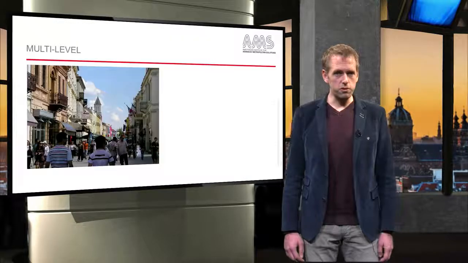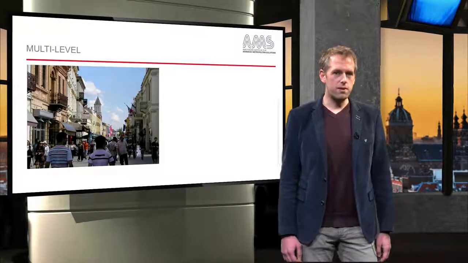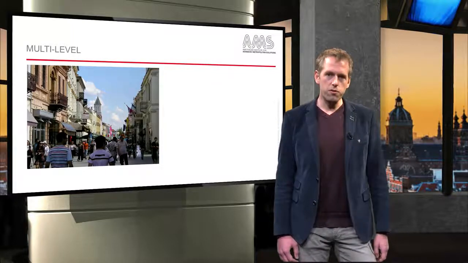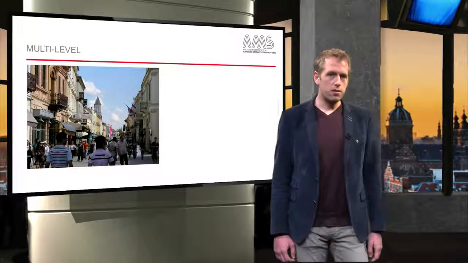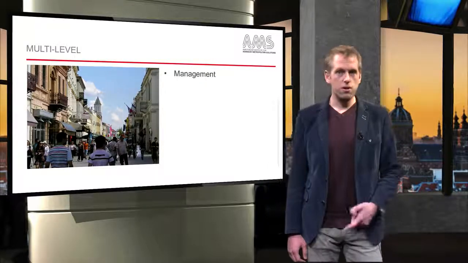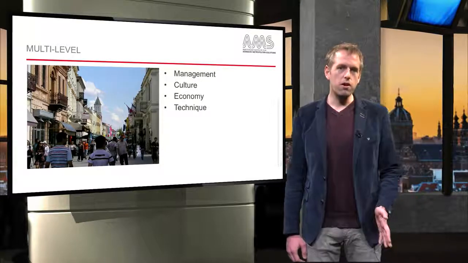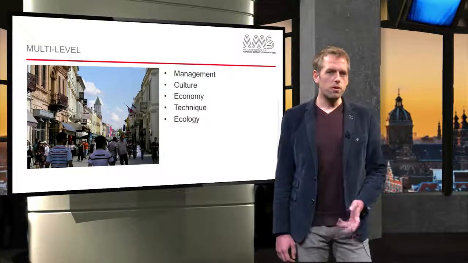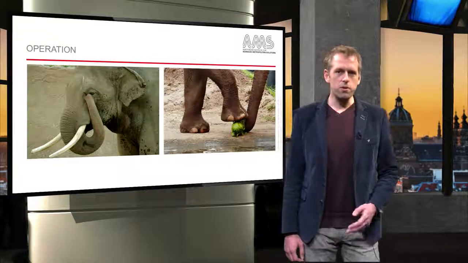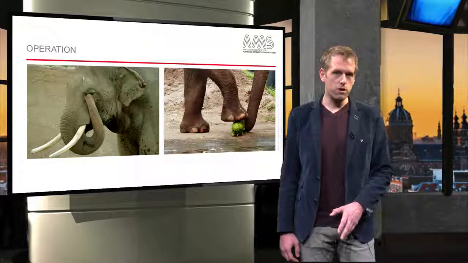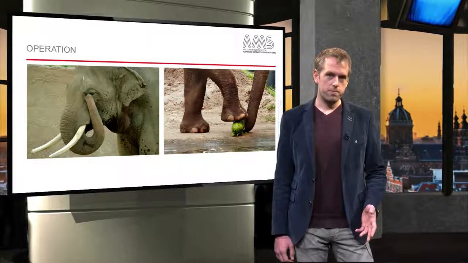A city is also called a multi-level entity. In addition to these various spatial scales, it has several interacting levels with regards to management, culture, economy, technique, and ecology. When you look at how a city operates, you can see that it's at the same time both subject to relatively slow and fast changes.